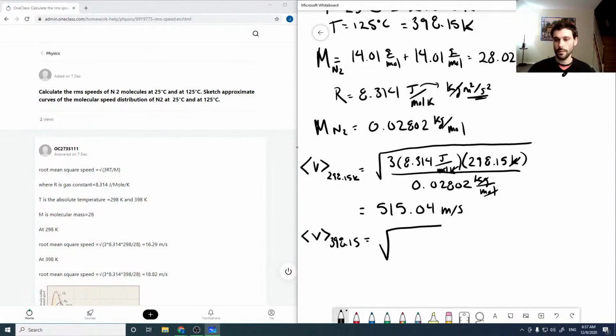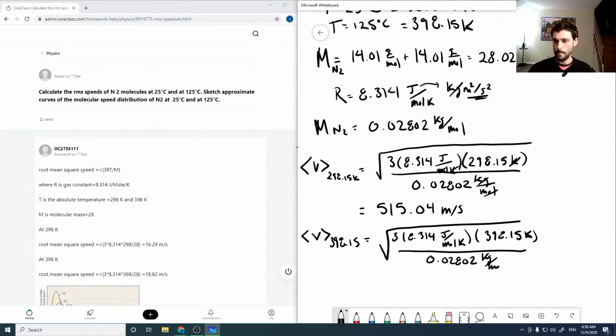And if we repeat this now for 398, then we would get 8.314, 398, and all divided by this 0.02802 kilograms per mole.